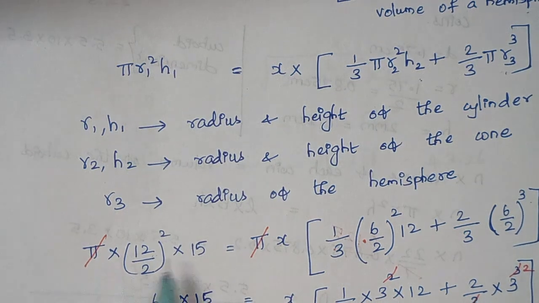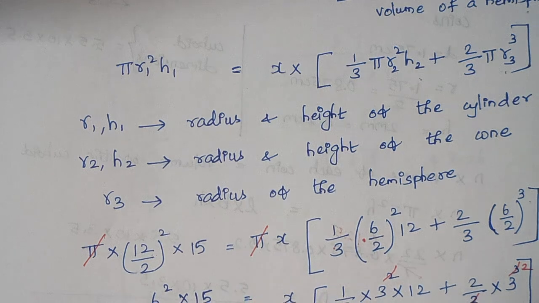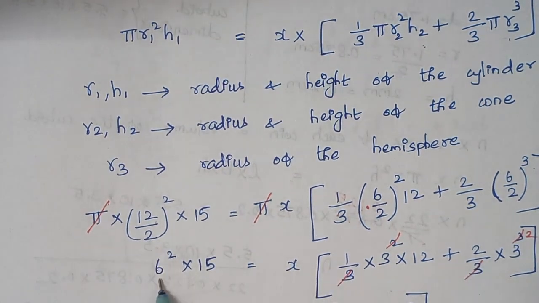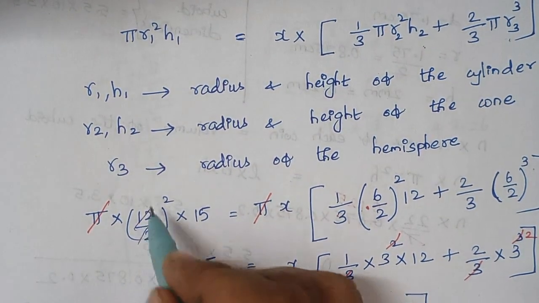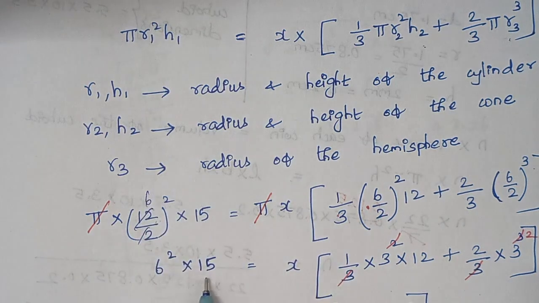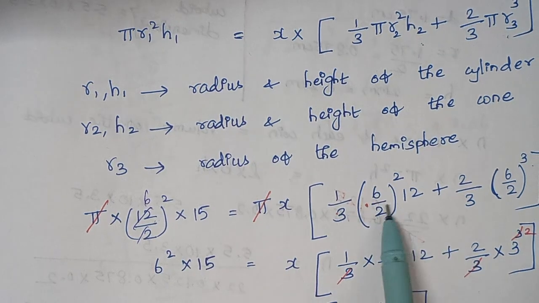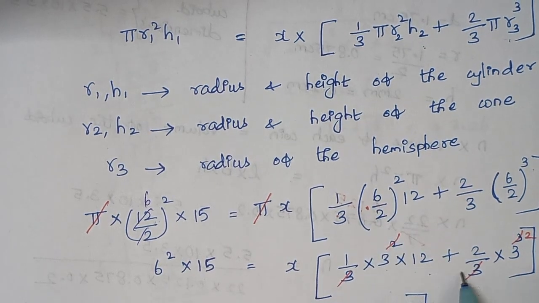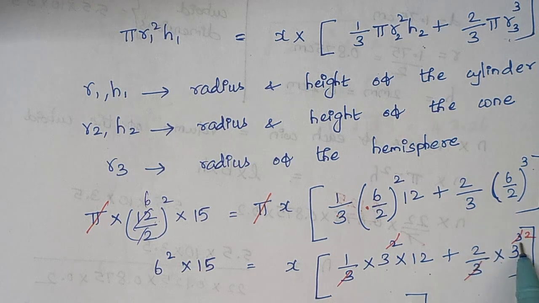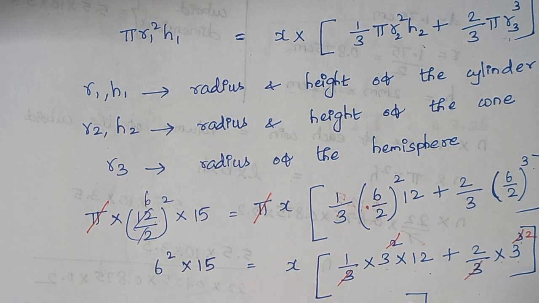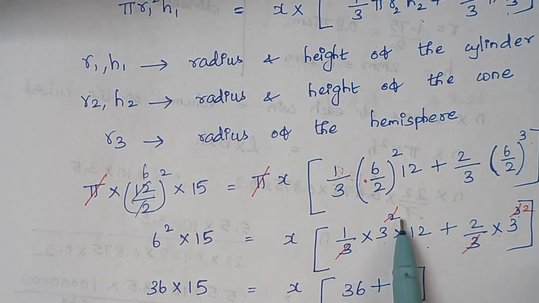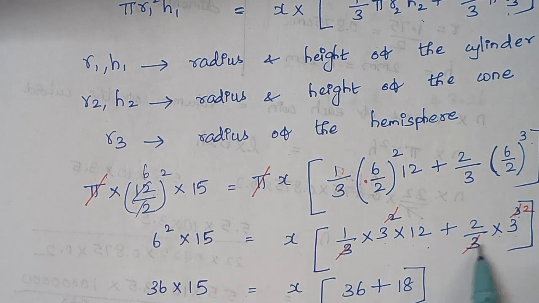So now this pi and pi get cancelled and again 12 by 2 is nothing but 6. So I had written here as 6 square into 15 which is equal to x into again 1 by 3 and 6 by 2 is 3. So 3 square into 12 plus 2 by 3 into 3 cube. Right. Now this 3 and 3 square they cancel and this 3 and 3 cube they get cancelled.